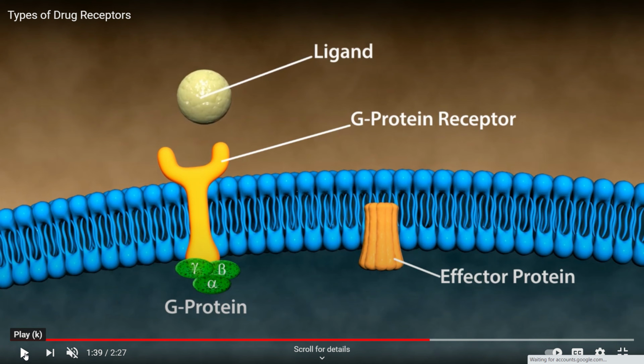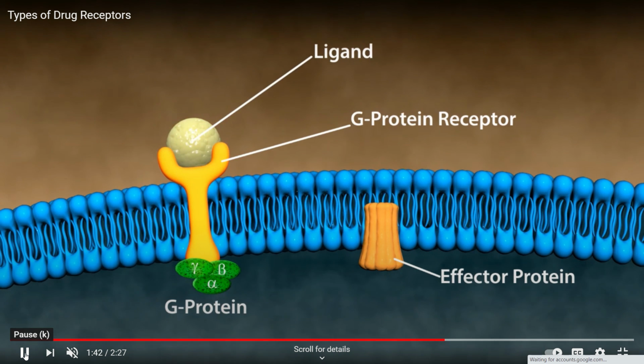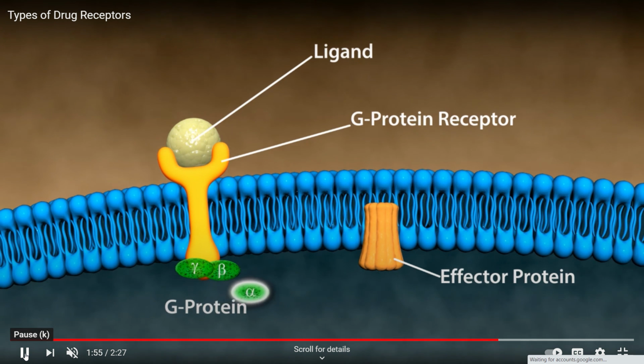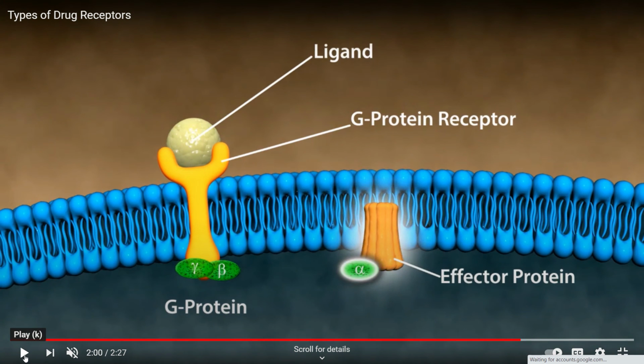If this ligand binds to the receptor, it will cause structural changes in the receptor, which then changes the shape of the G protein, which reduces GTP to GDP, leading to the separation of the alpha subunit from the beta and gamma subunits. You see that, class?